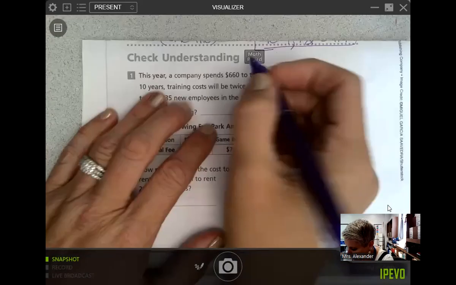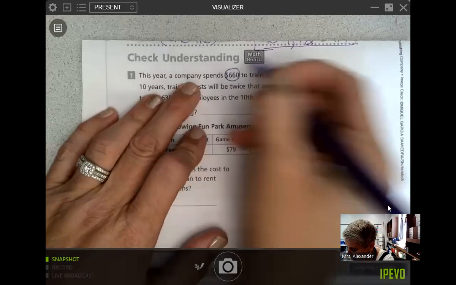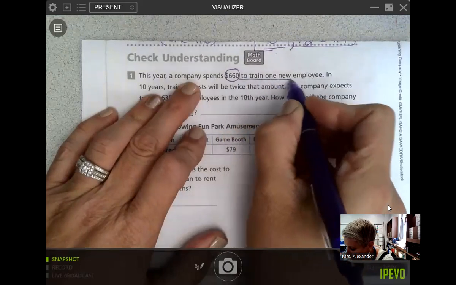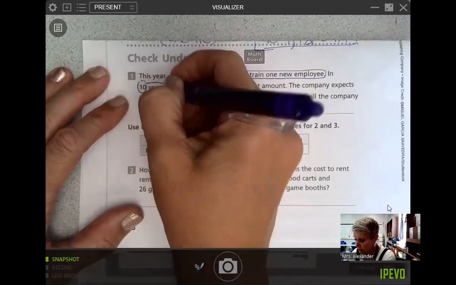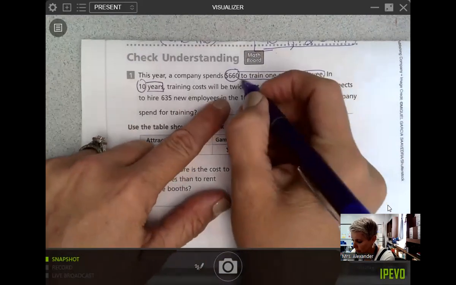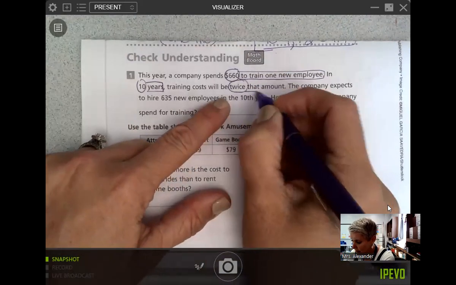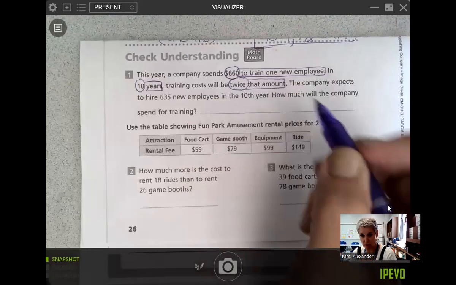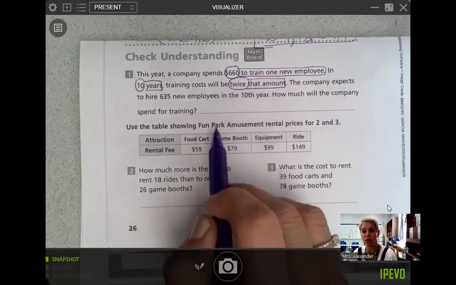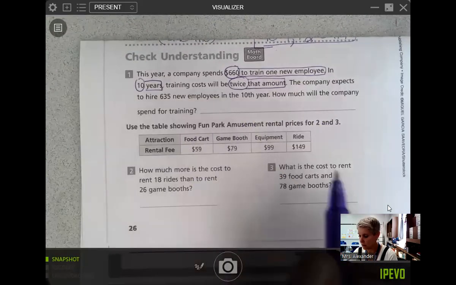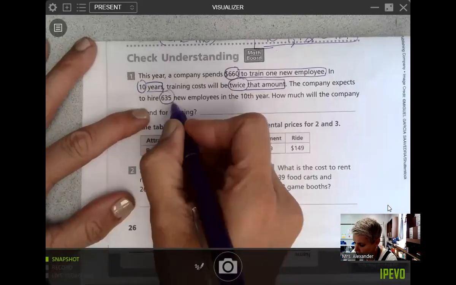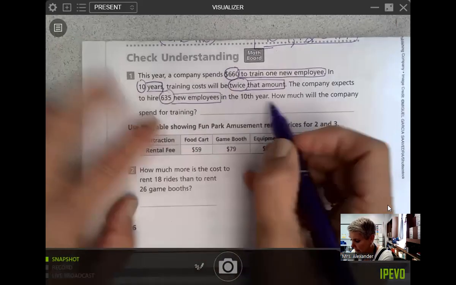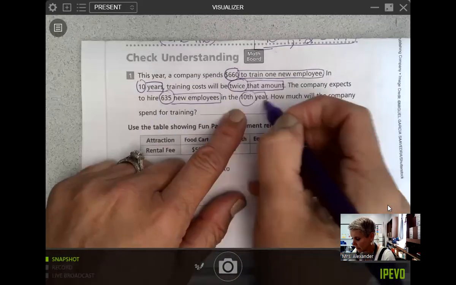So we have, they are spending $660 to train one new employee. In 10 years, training costs will be twice that amount. I circled twice because it's a value in word form. The company expects to hire 635 new employees in the 10th year.